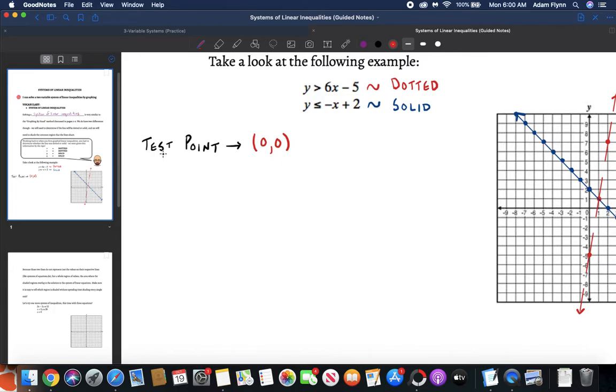Okay? So if I've got 0, 0, I can rewrite my top inequality as 0 instead of y. So that's that 0 right there. Is greater than 6, and instead of x, I'm also plugging in 0, minus 5.